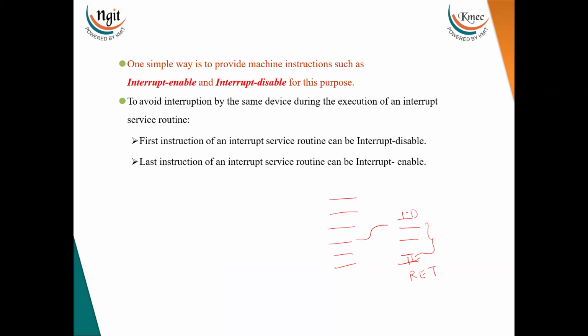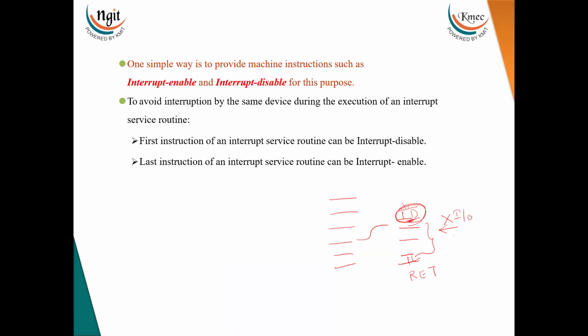Now, when this ISR program is being executed, by writing this instruction the interrupt will be disabled. Means in between, if any IO devices are requesting the microprocessor for service, then these interrupts are not accepted by the microprocessor because the interrupt disable instruction is written here.